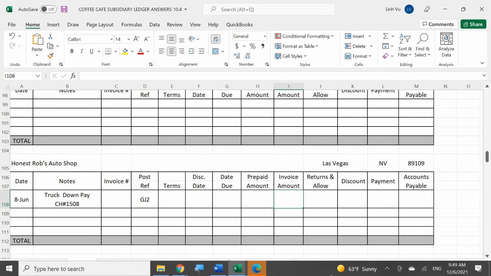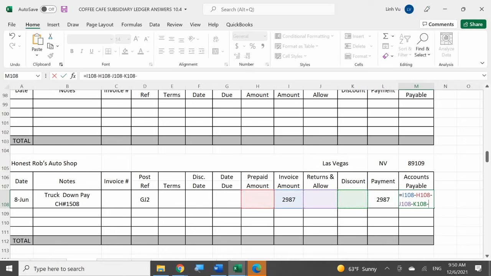The monthly payments I am making for this truck loan aren't to Rob. It is to Main Bank. So I'm only going to record my down payment agreement, so under invoice amount was 2,978, not 2,987. And of course, I made a payment using check number 1508. So that should give me an account balance of 0 that I owe to Rob.